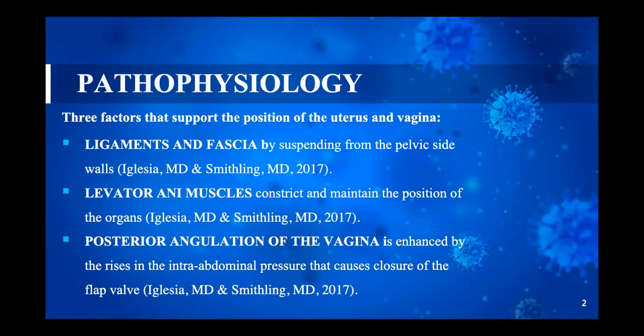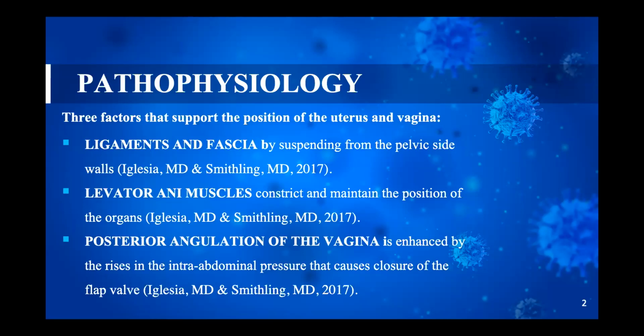The pathophysiology. There's 3 factors. Can you hear me all right? Yeah. Okay. I'm getting weird noises on my end. Okay. 3 factors that support the position of the uterus and vagina. The first is the ligaments and fascia, which do this by suspending from the pelvic side walls.